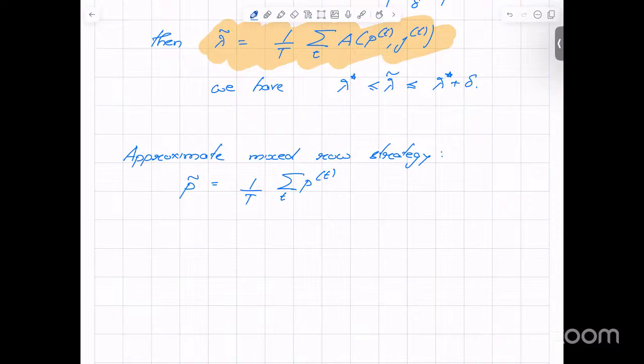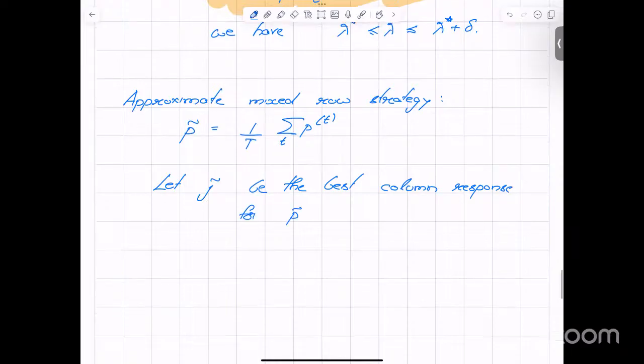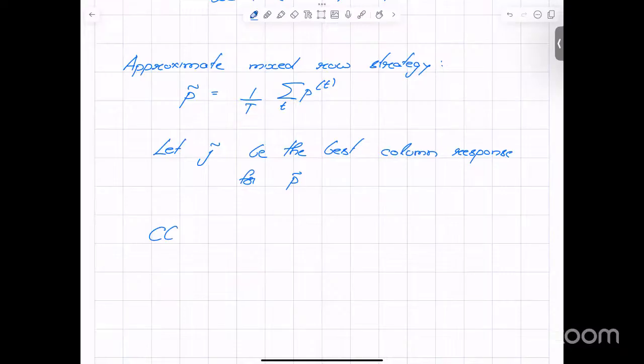So let J tilde be the best column response for P tilde. So we want CP tilde.